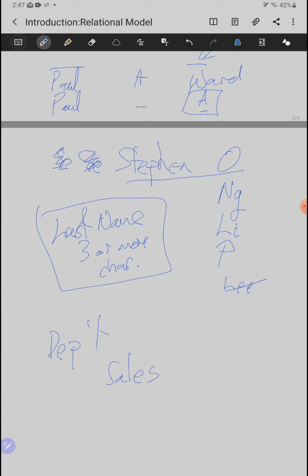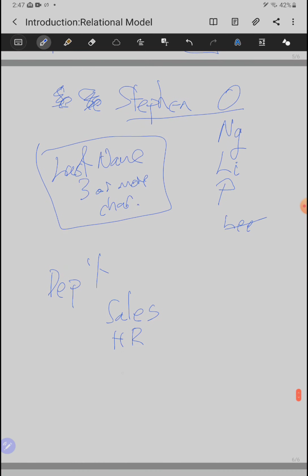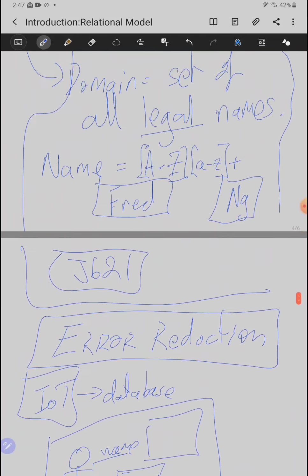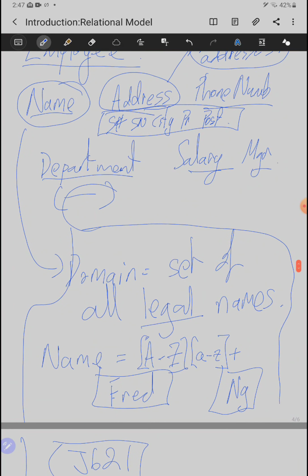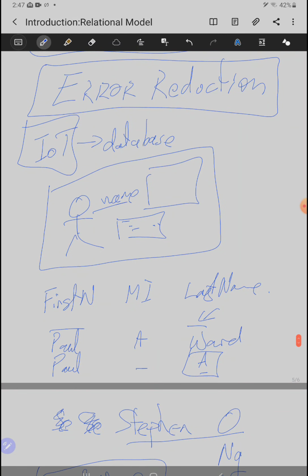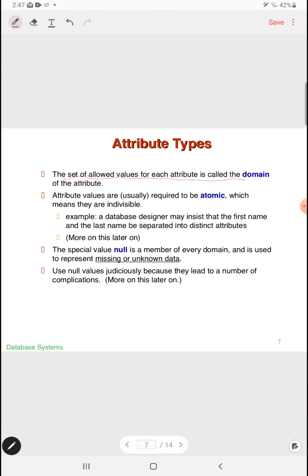We have sales, we have HR, we have engineering, and, I don't know, procurement, people who do buying. Okay. So we have certain departments. We want to make sure that when we have data entry in here, that it is a valid department. When we enter the salary, we would like to make sure that it's a valid salary. So the purpose of domain is to make sure that we've got valid data.